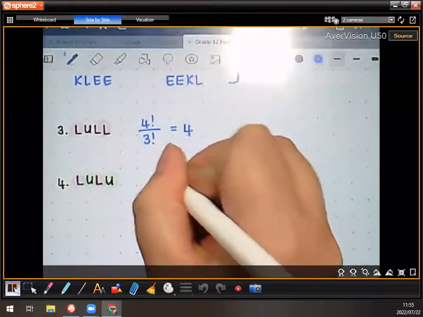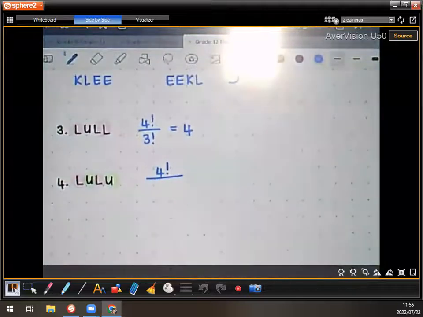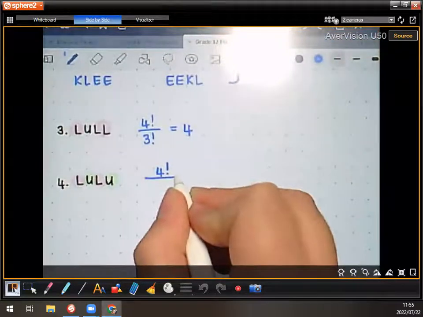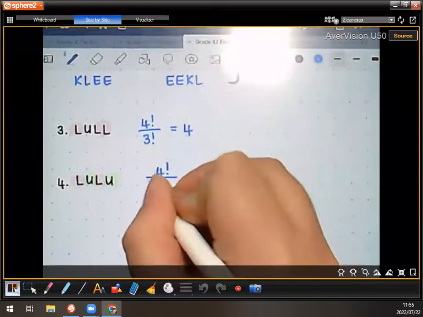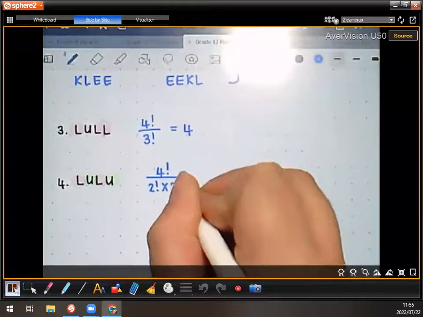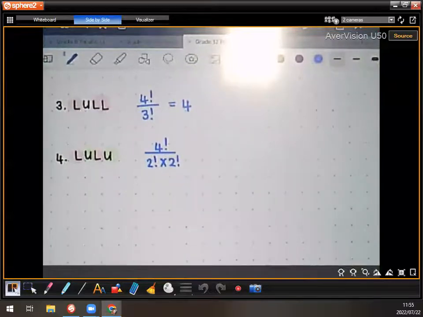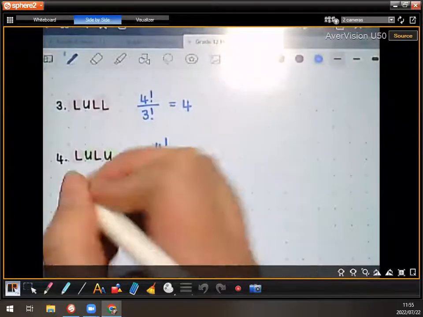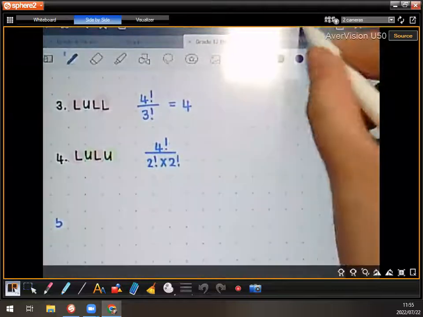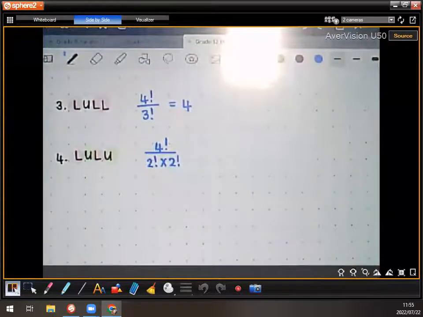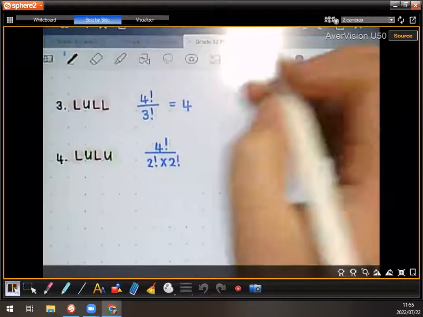We have 4 letters, so we're going to do 4 factorial, but now we're going to divide by 2 L's and 2 U's. Okay, what about the last one that I'm adding here quickly? Because it's 4 factorial divided by 4. Is it 6? Thank you.